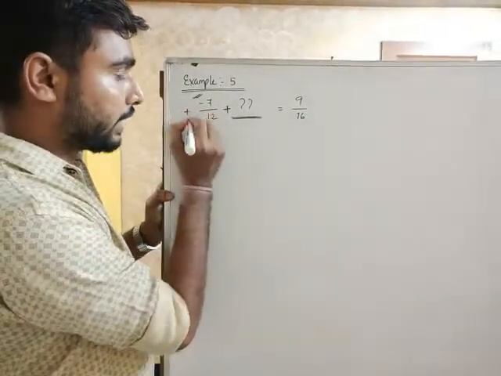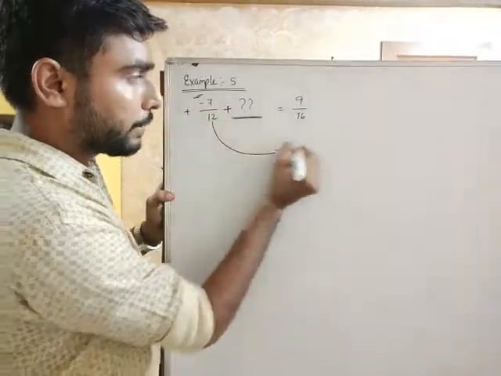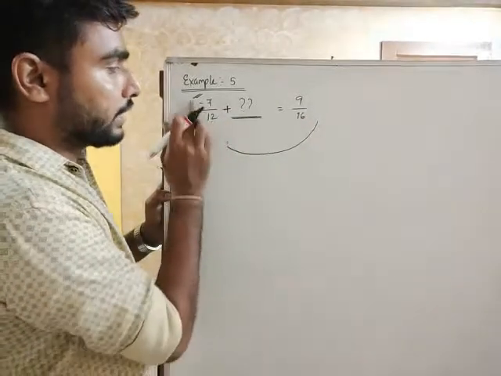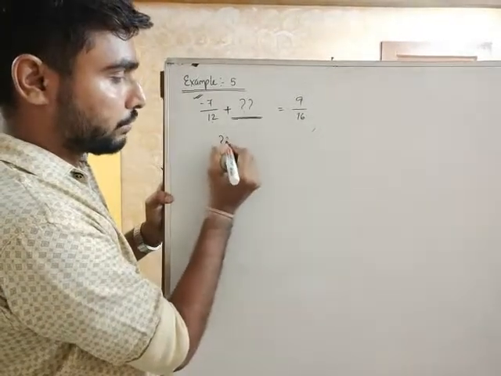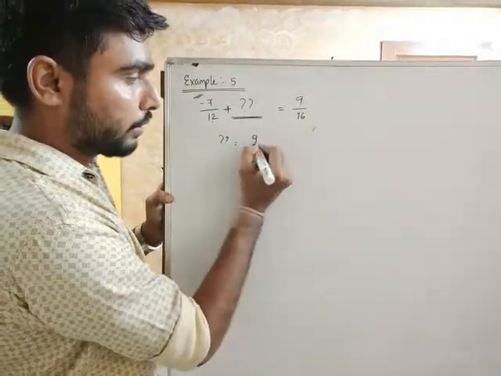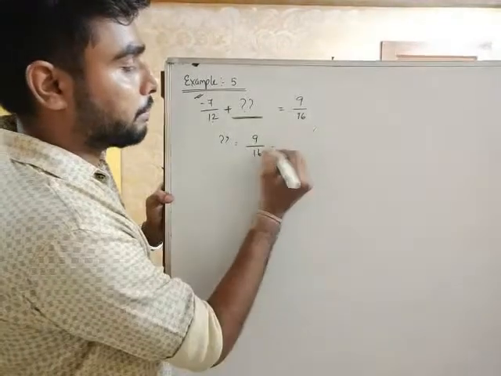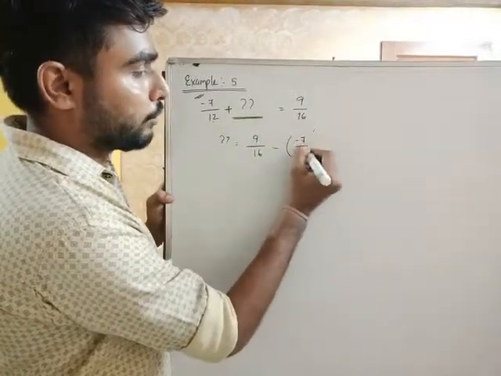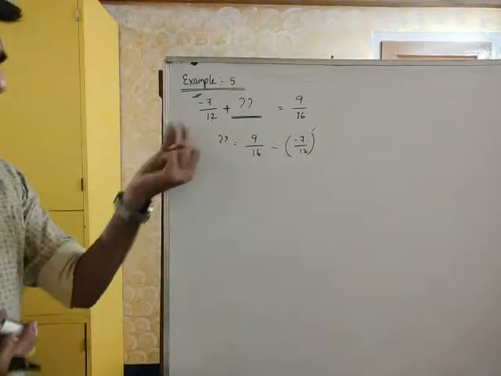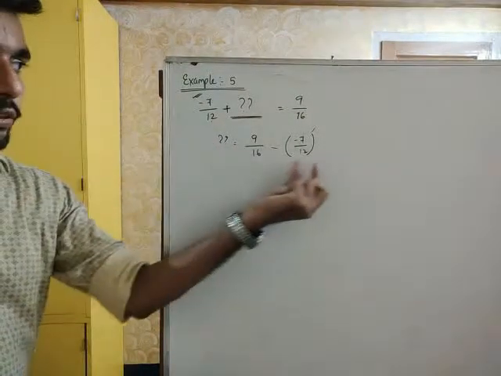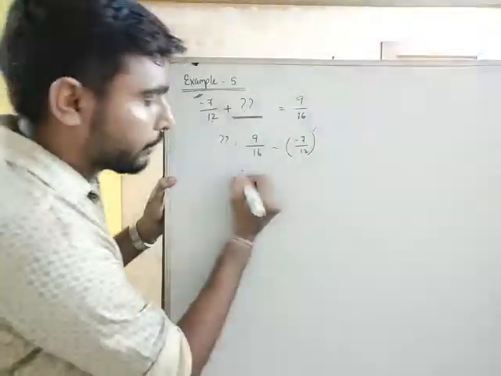So this side this is getting added, the other side it will be subtracted, or you can see this side this is negative, the other side it will become positive. So the unknown number will be equal to what? 9 by 16 minus minus 7 by 12. Is it or not? Here it is getting added, the other side it will be subtracted.